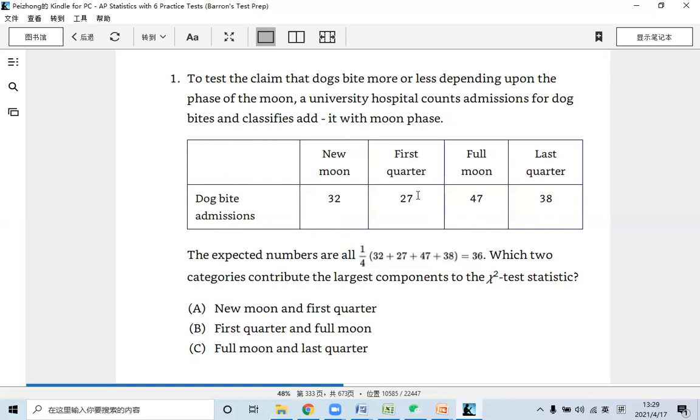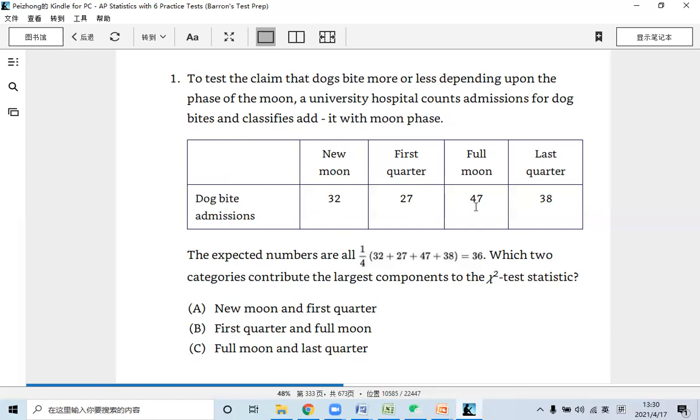For the first quarter, you are expecting 36, but you get 27. The hospital only got 27 admissions. So 27 minus 36, let me get the calculator. 27 minus 36, difference -9.